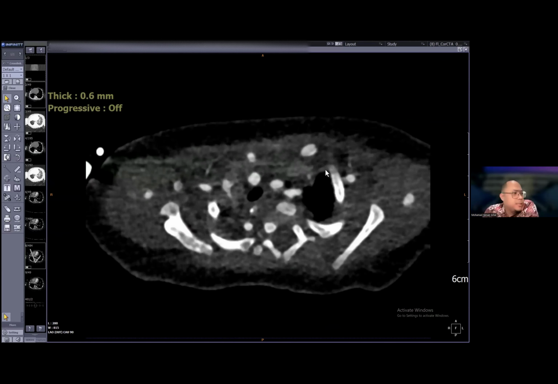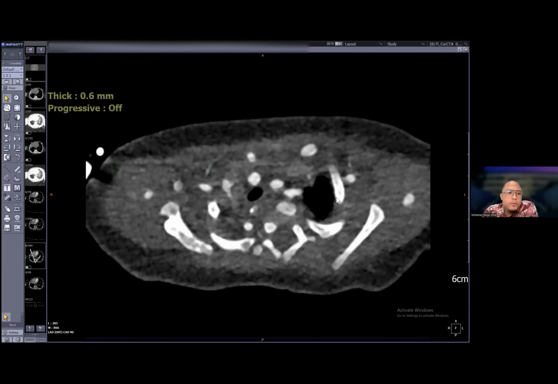So yeah, this patient actually had a suspicion of lung infection, but suddenly we found something interesting in this patient.